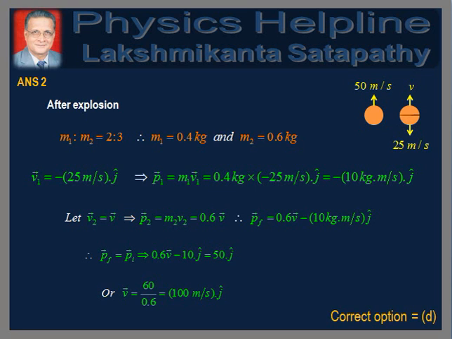Therefore, 0.6 V is equal to 60 kg meter per second, or V is equal to 60 divided by 0.6, which is equal to 100 meters per second into j cap. Therefore, the larger part moves upwards with velocity 100 meters per second. Therefore, the correct option is D, which is the answer to question 2.